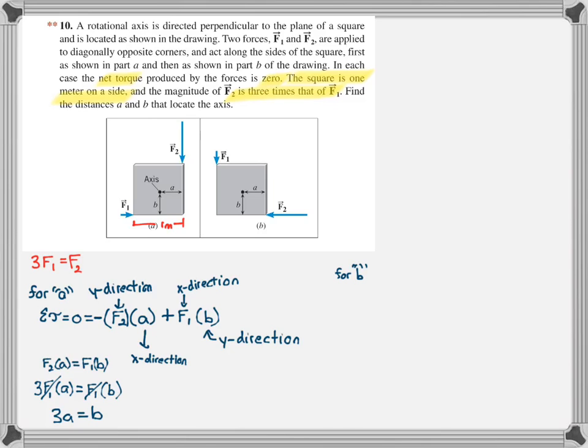Now, we cannot assume that the displacement from the axis in the x direction to F1 is A, because the actual axis may not be in the center of the square. It might be off, like a hinge. Don't get it confused with center of mass.